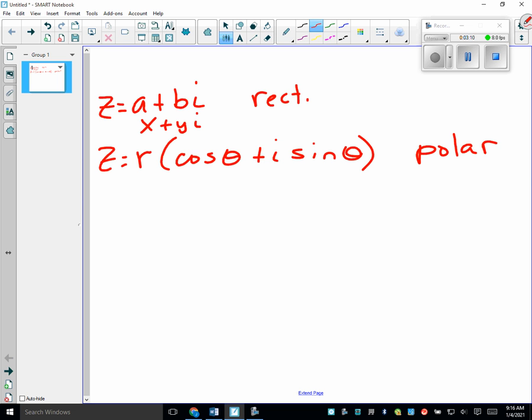Do you remember that a is r cosine theta? No. B is r sine theta? That's from before Christmas. Okay, would you remember it if I said x is r cosine theta?